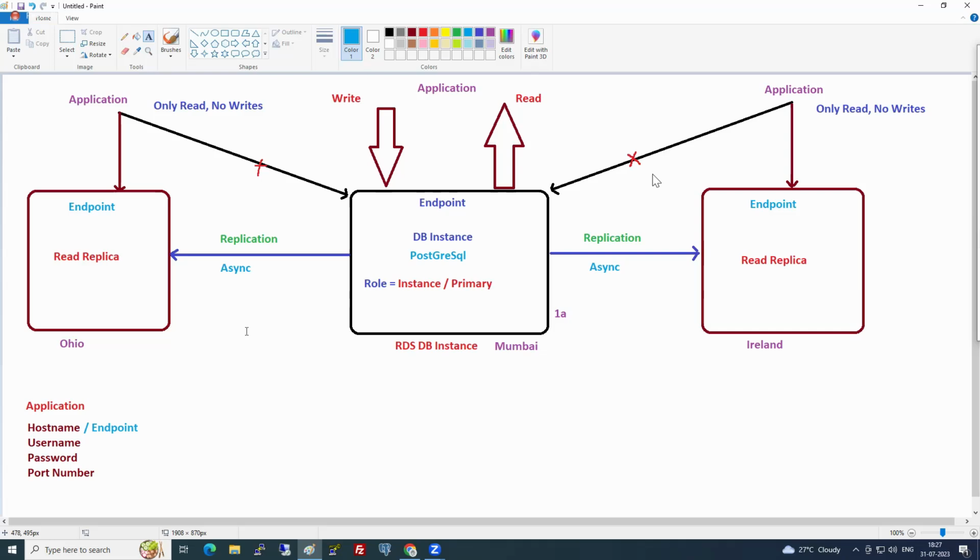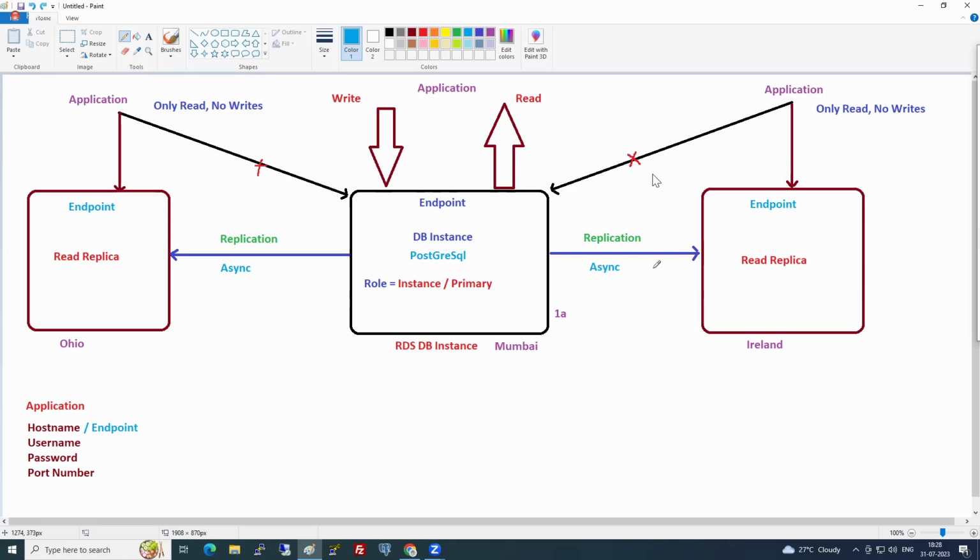When you go for a read replica, can we say read replicas are used to increase performance? And can you say read replica is for high availability purpose? No. Read replicas are not for high availability. If this goes down, will this take care? No. If this goes down, the replication will be off.